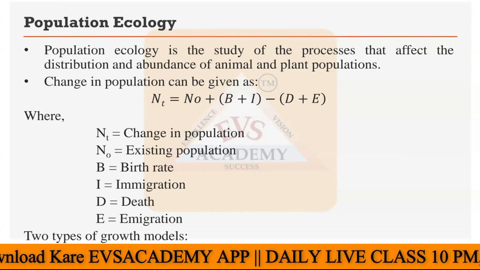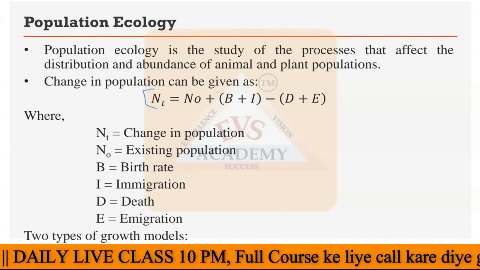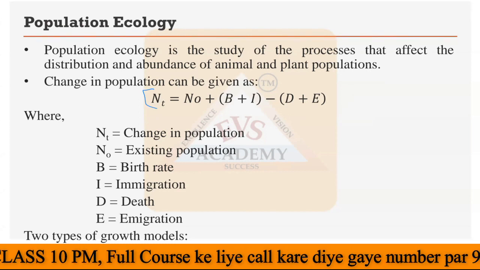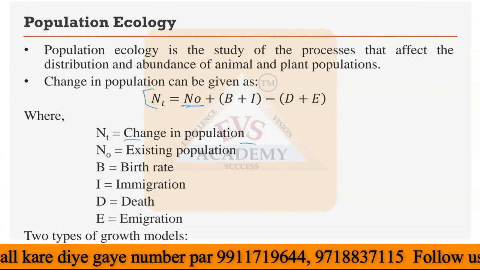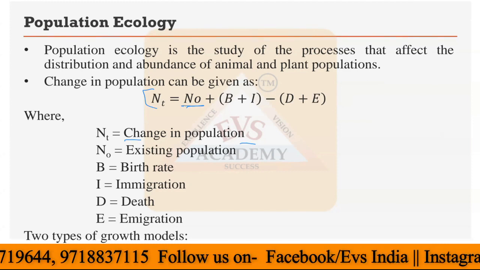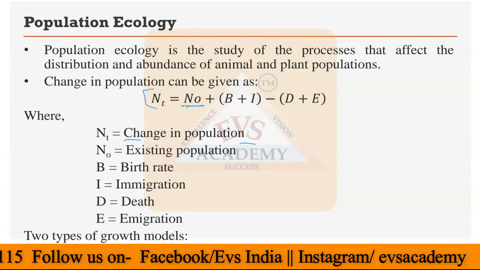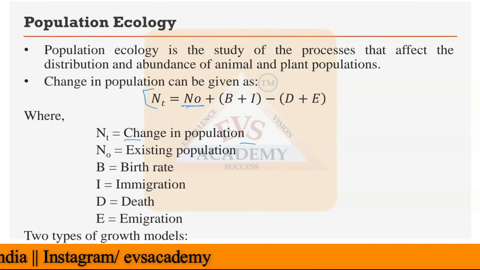So here, Nt is the population number after time t. This is the change in population. N naught is the initial number of population, which is initially present in that particular environment.